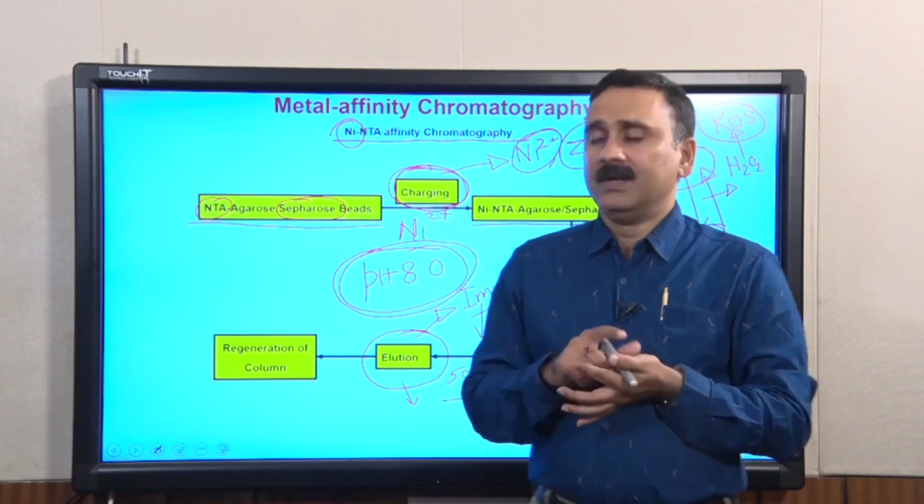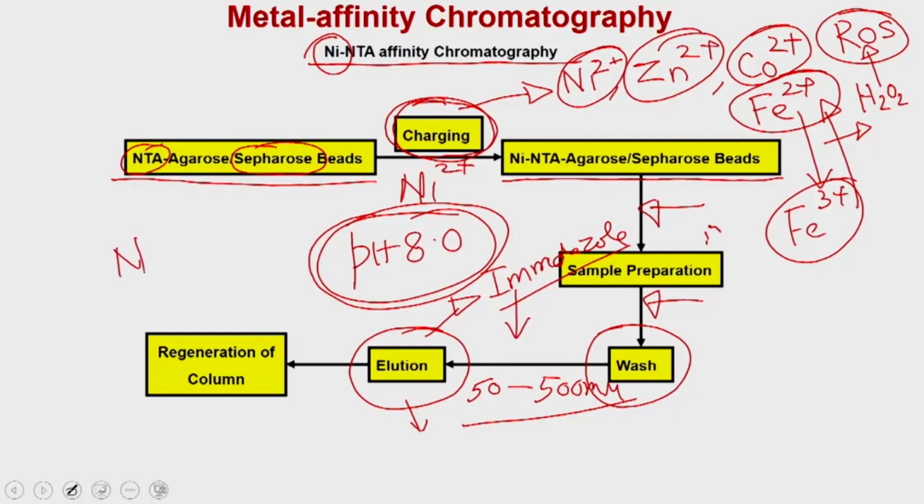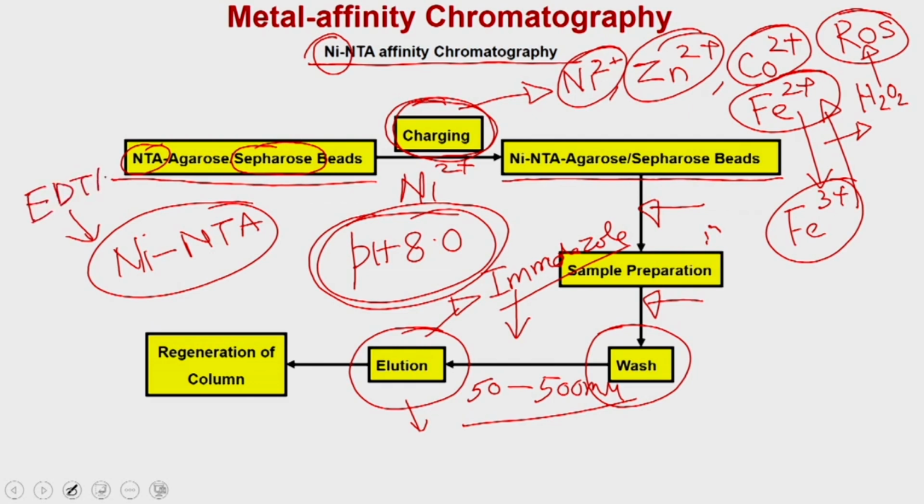The fourth is that the nickel is binding to the matrix through nickel NTA, and if you apply any type of chelating agent like EDTA, for example, if you supply EDTA to the column, the EDTA is going to remove the nickel from the column, and that can be used as a method to elute the protein.